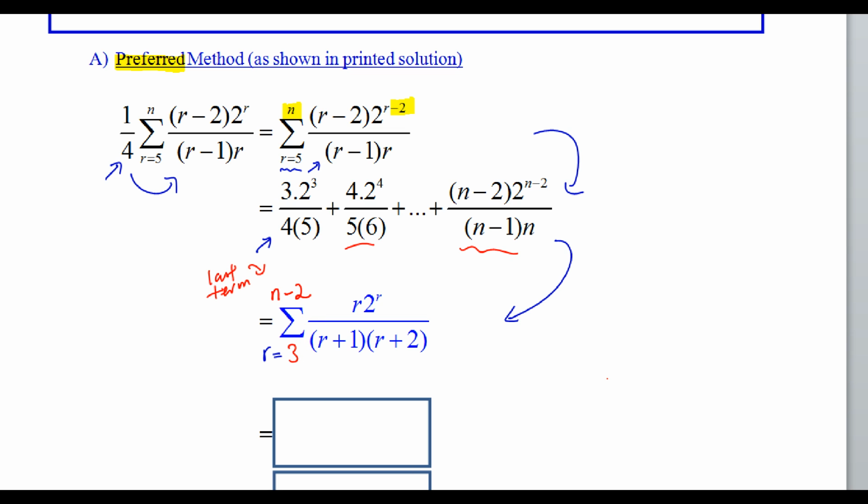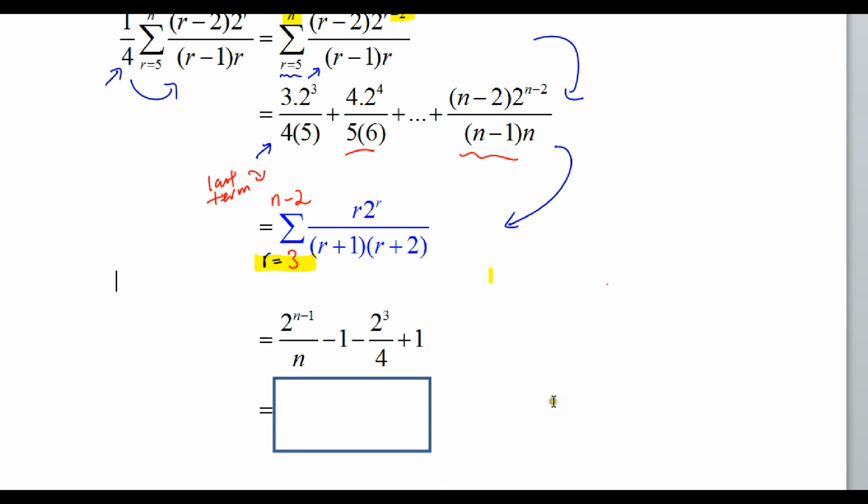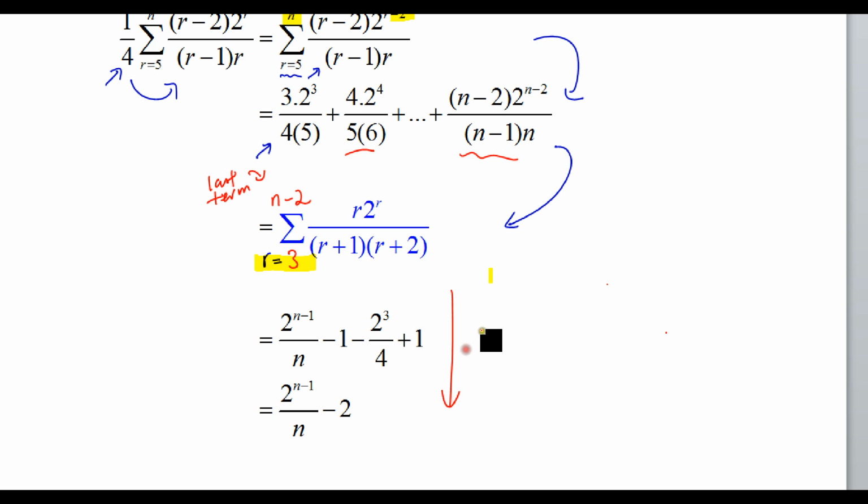Once you reach this step, the rest is easy, because you can now link between first part and third part, except that now it's r equals to 3. You can just say that this is the difference between these two. Now from this point onwards, I am not going to go through. This one you can read all by yourself.